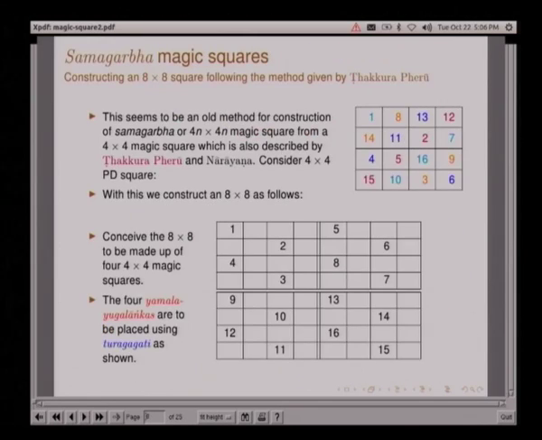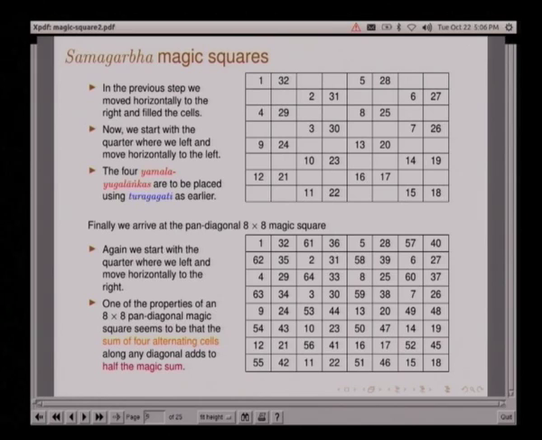In the case of 8 by 8, this 4 and 5 are mapped to 16 and 17. So, having placed 16 here, we move towards the east and then place 17. Similarly, this 8 and 9 in the case of 4 by 4 will be mapped to 32 and 33. So you can notice that we start placing them in almost an identical manner as 4 by 4.